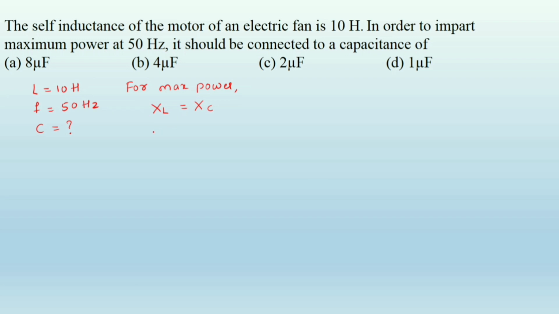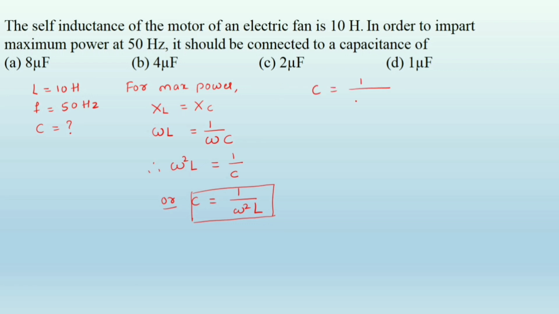XL equal to omega L, and XC is 1 by omega C. We want the capacitance value, so we can write omega square L is equal to 1 by C, or C equal to 1 divided by omega square L. This relation we can use to find the value of capacitance. Instead of omega we can write 2 pi f.